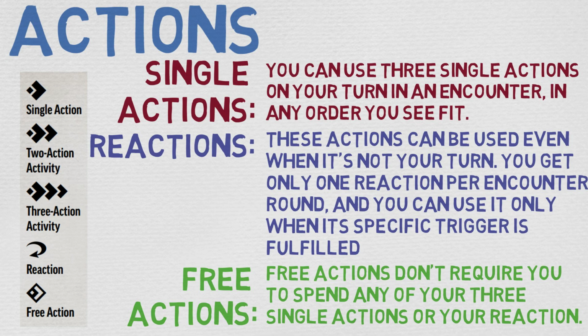So if you have access to two free actions, and we'll get into free actions a little bit more later on, and let's say neither of them have a triggering condition, you can still only use one of them on a turn, because not having a trigger is the common denominator for a trigger, if that makes sense. If it doesn't, comment down beneath, and I'm sure we'll be able to explain it to you down there.